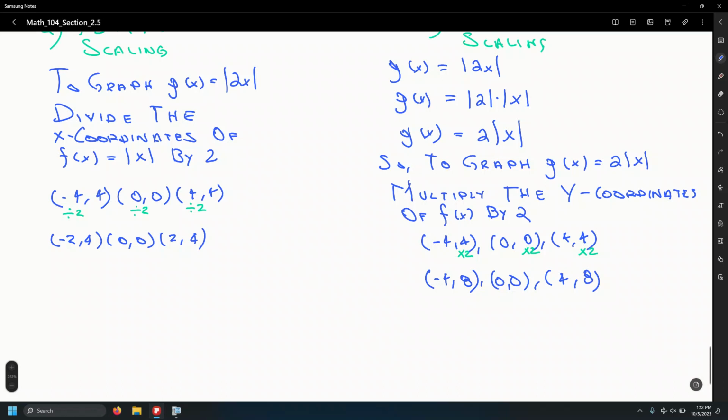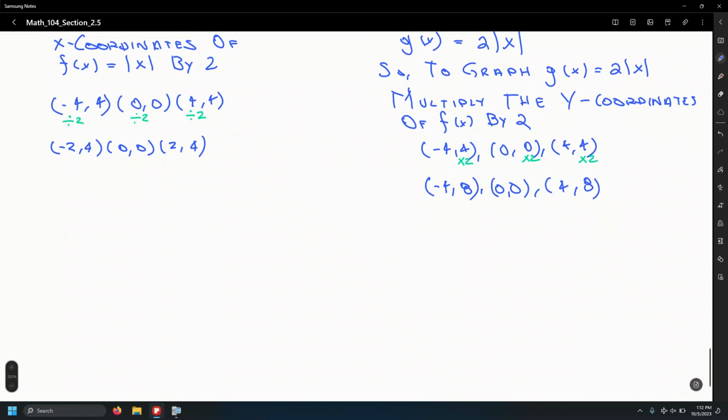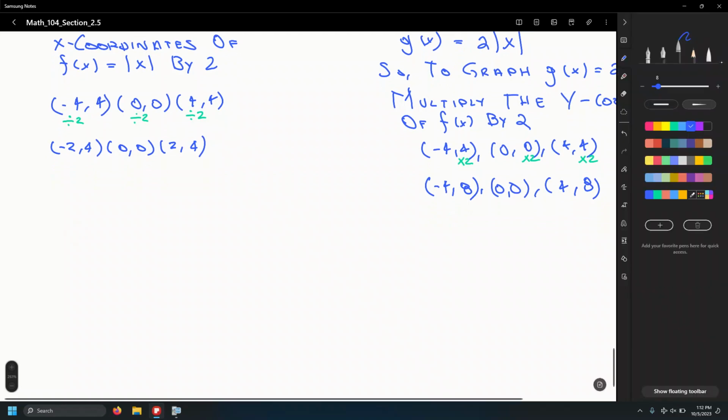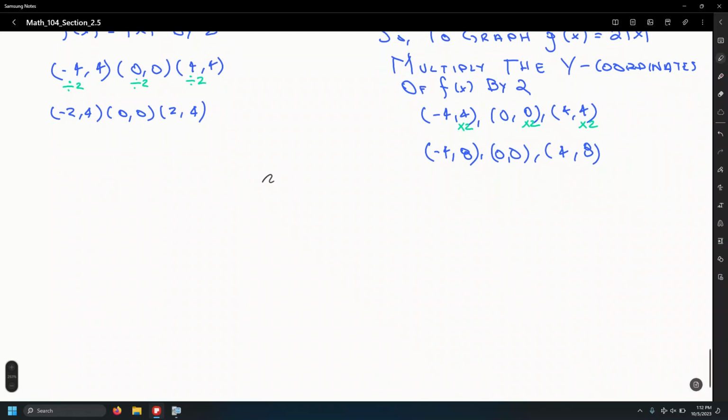All right, so let's see what we get when we plot these points. I'm going to draw a Cartesian plane, and check this out. Okay, I need to scale it. 1, 2, 3, 4, 7, 8, 9, 10.